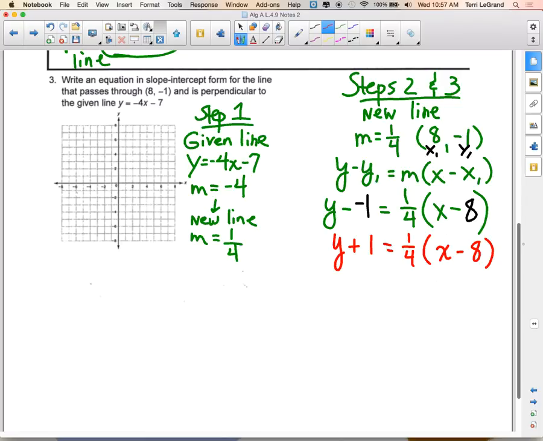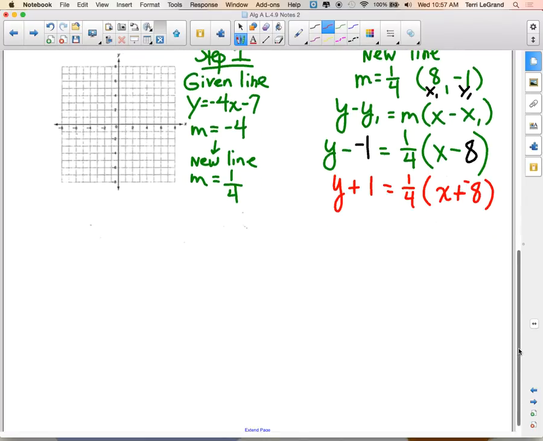But what do we do with that minus? Plus a negative 8. Yeah, we're going to kind of unclean it up for that part, okay? We're going to make it plus and minus so that when we multiply, we do it correctly. Okay, go ahead and finish this up. Let's see if you get the same equation I do.